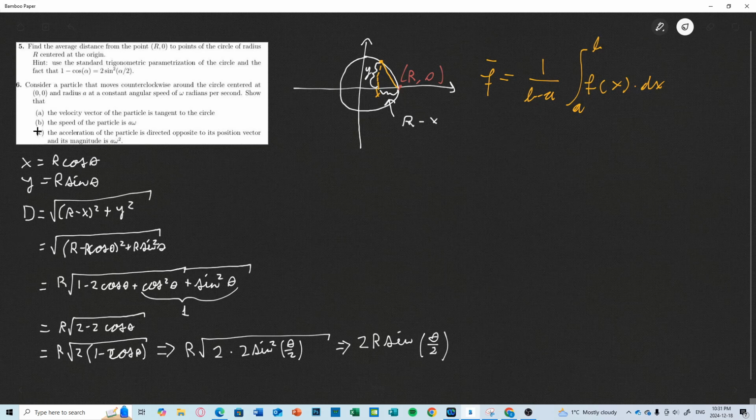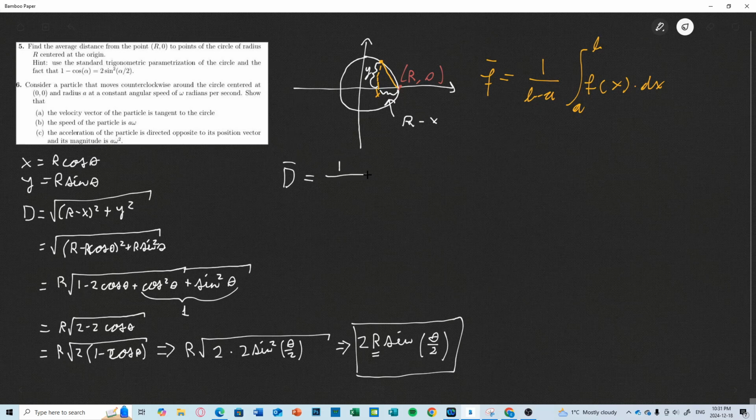So now what we want to do is take our function of 2r sine theta divided by 2 and find the average of it. So since we're going to be using polar coordinates and we want to find an average in terms of theta, we're going to make this function in terms of theta. So we're going to have d theta.